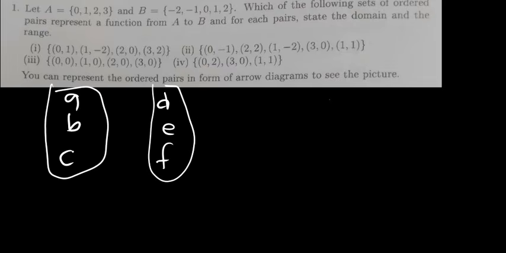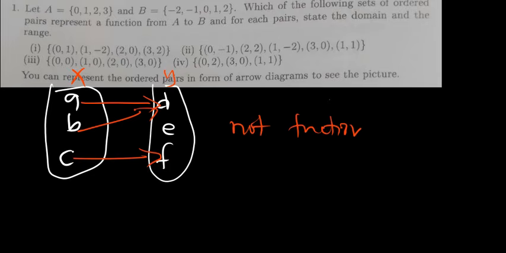If I have got a scenario where this is mapped into that, this is mapped into that, and also this is mapped into here, then if all the elements of x are mapped but some members of y are not mapped to anything, that is not a function.